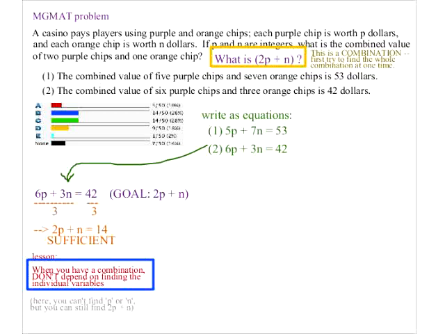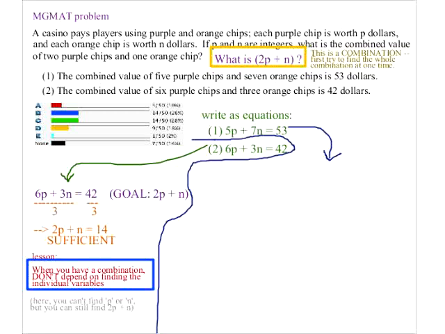Now we'll move on to the other one, where it gets a lot more interesting. Now let's talk about this. This is fun stuff right here. The first thing you should do is realize that in that statement, you're not getting a combo. There's no way this statement is going to give you 2p plus n in a single instance.